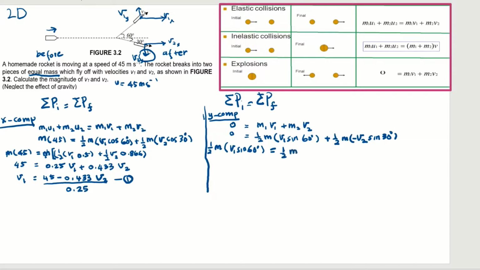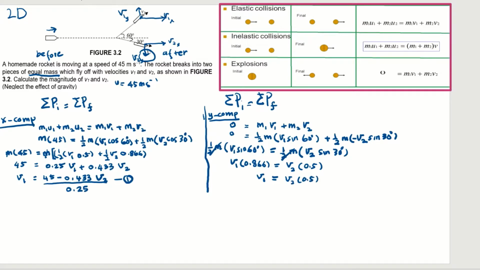Then you can cancel m. v1 sin 60 is 0.866, and v2 sin 30 is 0.5. Then you can make v1 the subject.